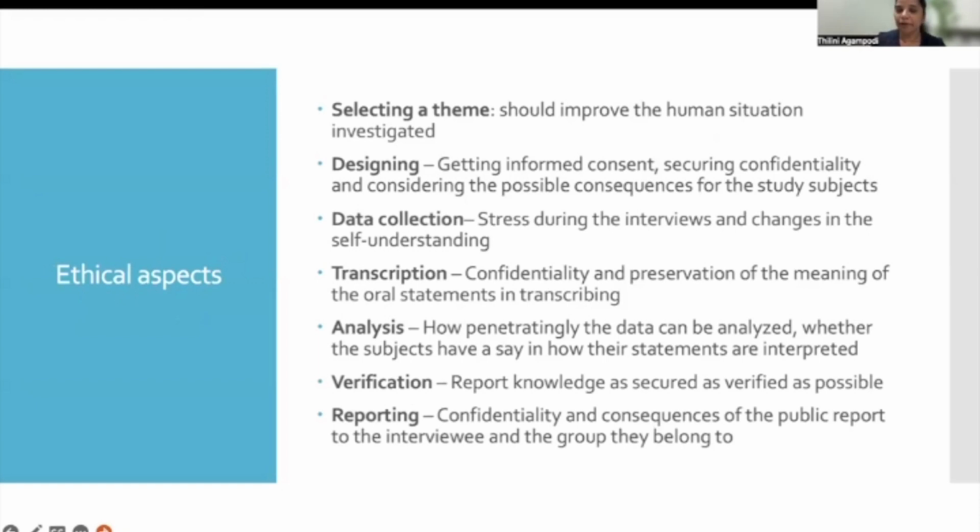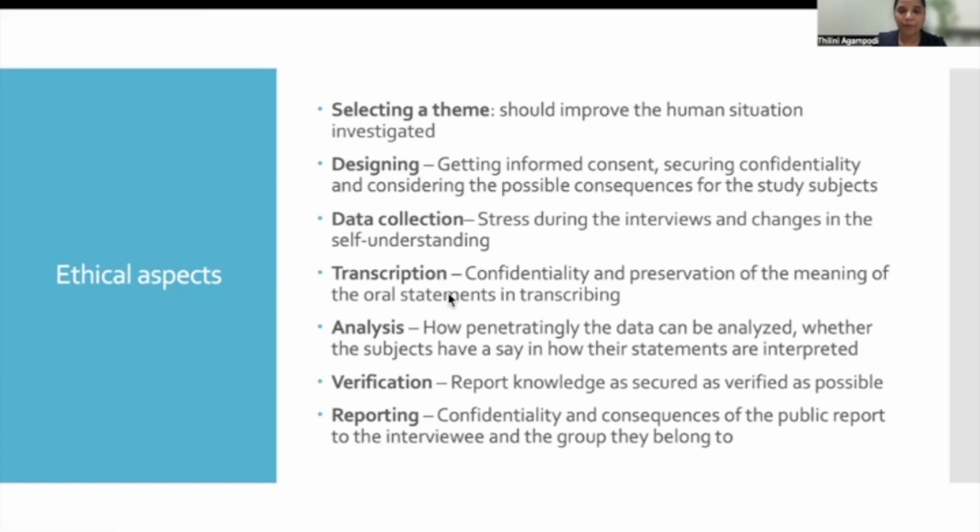There are a lot of ethical concerns regarding qualitative studies, but usually when we are writing the ethical aspects, we write, okay, ethical clearance was obtained by this committee, right? And we obtained consent from the participants. That's all we write.